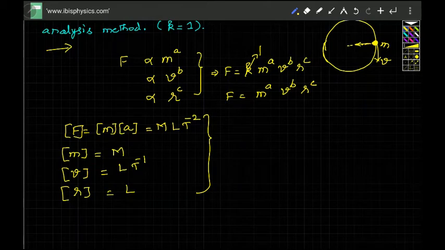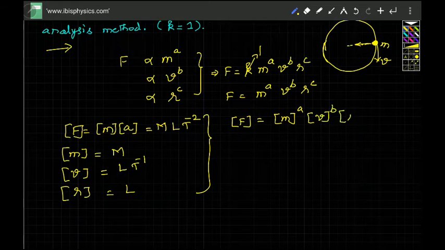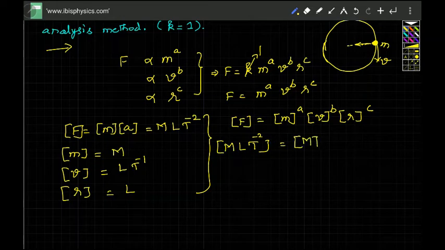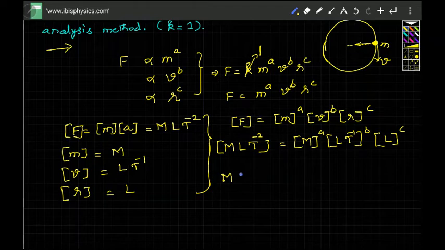If these two are equal, that means the dimensions of force equal the dimensions of mass power A, dimensions of velocity power B, dimensions of radius power C. The dimensions of force are M L T power minus 2, and this equals M power A, times L T power minus 1 whole power B, times L power C. Rearrange and compare the powers on either side. On the left, M power 1, L power 1, T power minus 2.